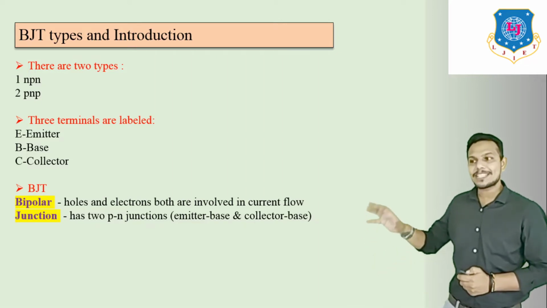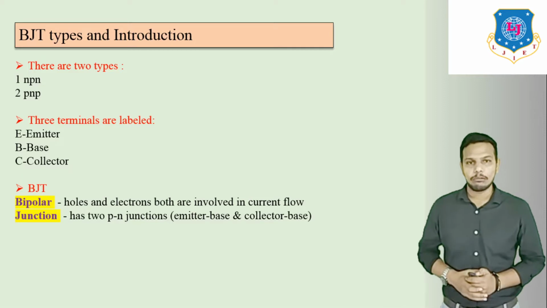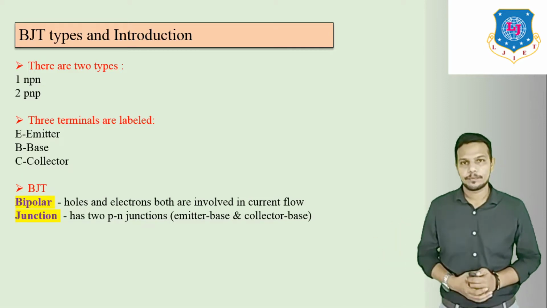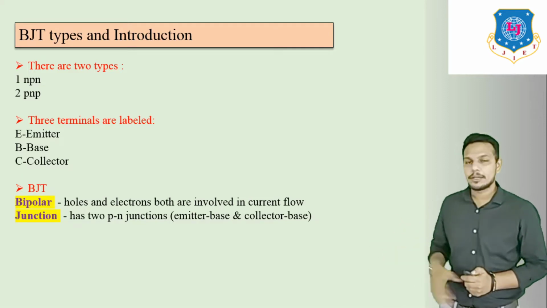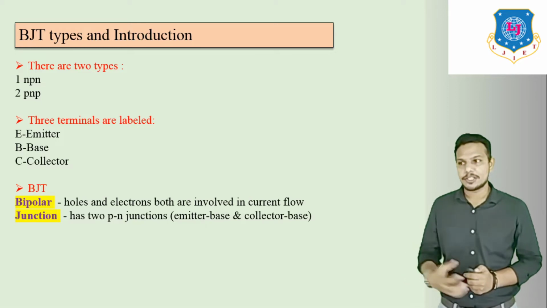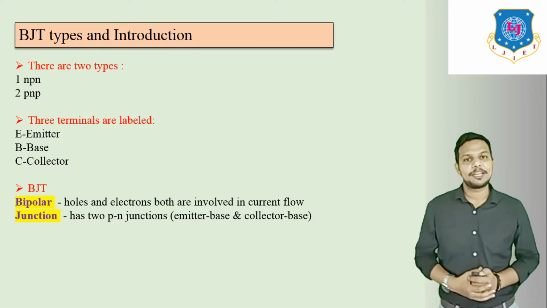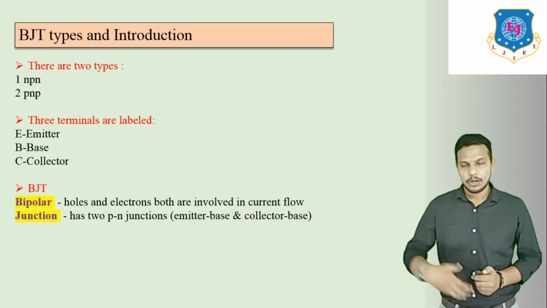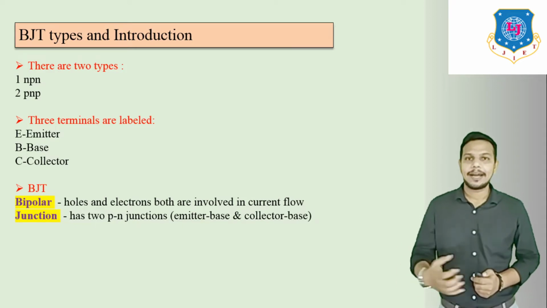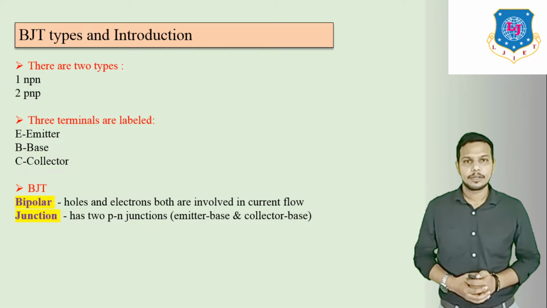Bipolar means holes and electrons are both involved in current flow. And there are two types of junctions, the emitter-base junction and the collector-base junction, or we can say J1 and J2. So this is the introduction of BJT and its types.